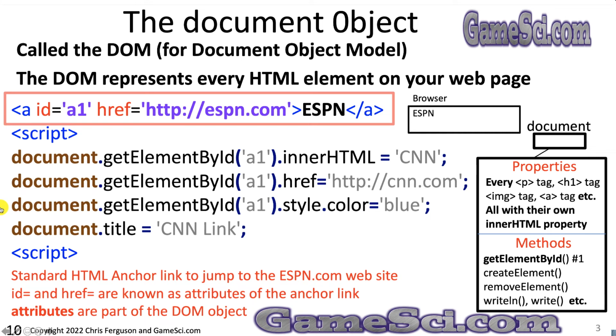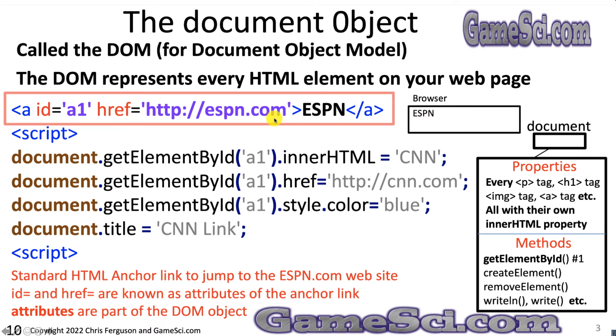One more quick DOM example, and see how changing the DOM changes the web page. We're going to start with a simple anchor link. ID equals A1. We're going to reference it to ESPN, and on the web page we'll display an ESPN tag that if you click on it, it will jump the web browser to ESPN.com.